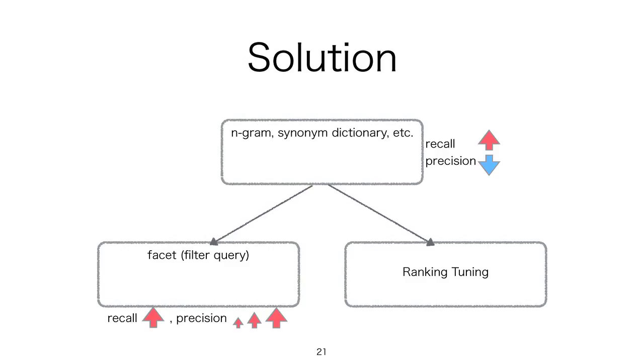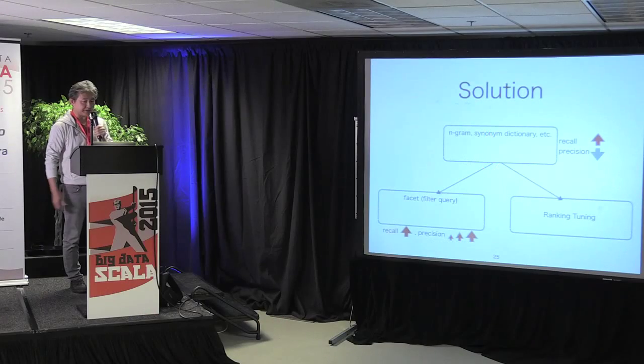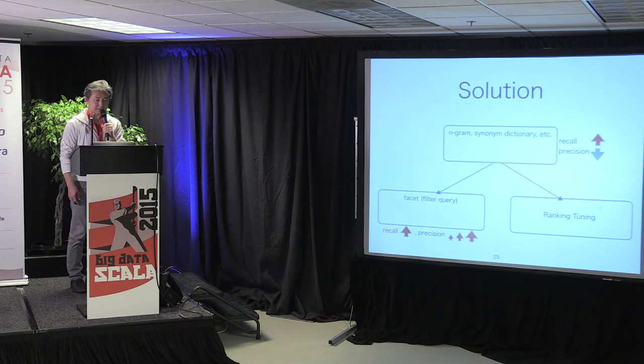This is a solution for having it both ways that I have thought of. The important thing is to implement high recall first. But as a result, you get low precision, as I've shown you. To solve this problem, we have 2 methods.